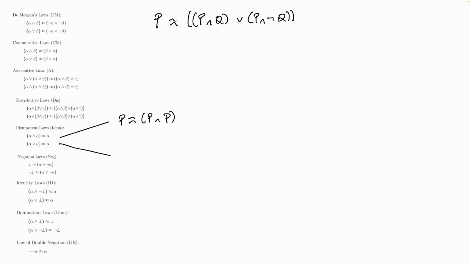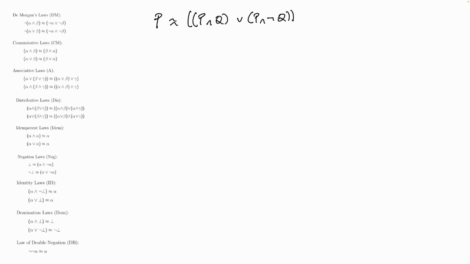So from that second law, we can conclude that P is equivalent to P or P. But while those are things that our laws tell us about P, we have to keep in mind our ultimate goal here, which is laying down a chain of equivalences that will take us from P all the way to P and Q or P and not Q. And it doesn't seem like either of those equivalences will help us with that goal.